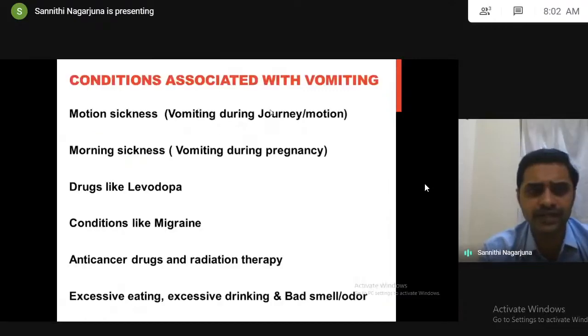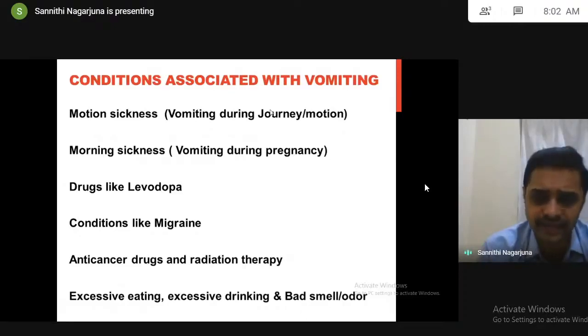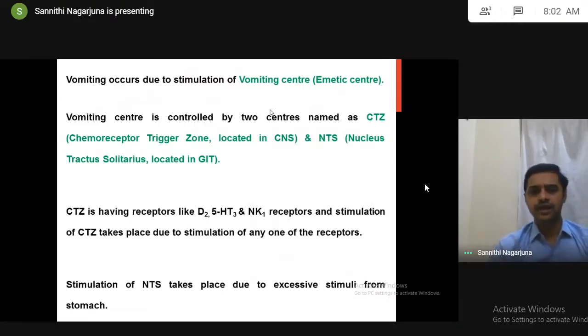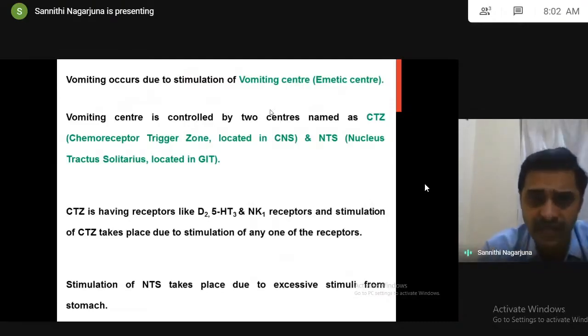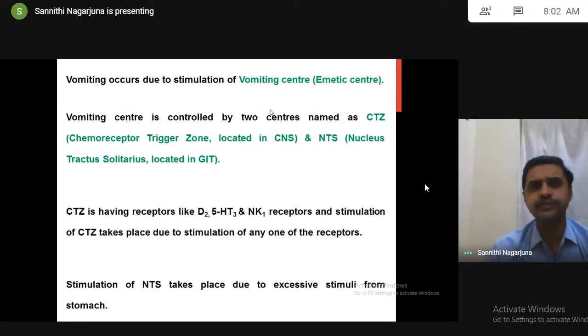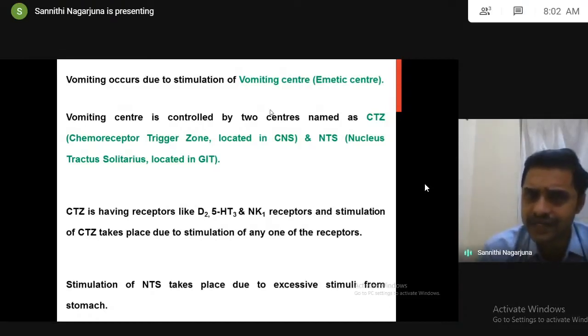So if you see the pathogenesis of vomiting, how and why it is happening, vomiting majorly occurs because of the stimulation of the vomiting center, which is called the emetic center. Try to understand, there is a very important relationship.